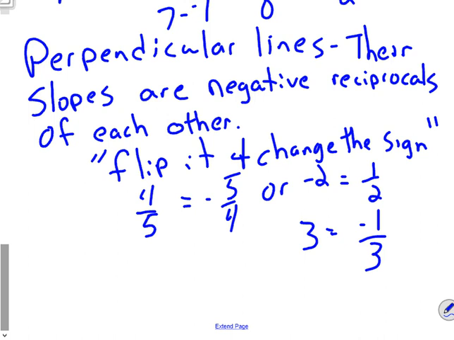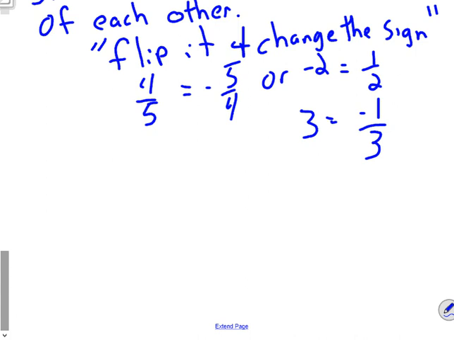Any other questions? This is good stuff. All right. Cool. So, first example.